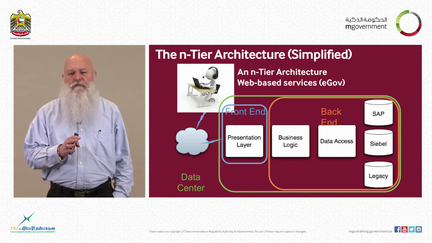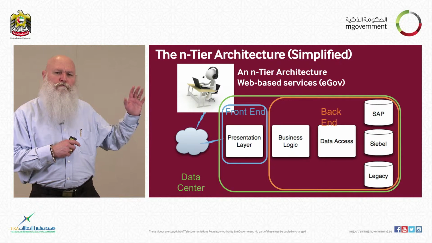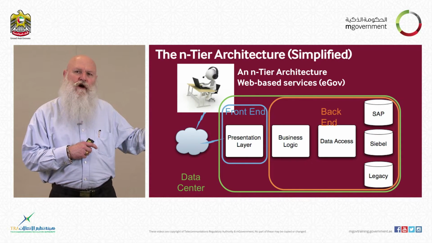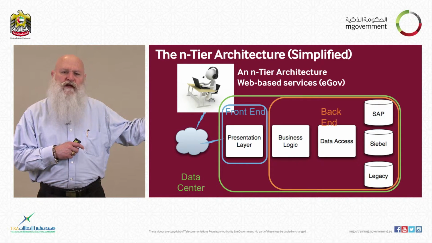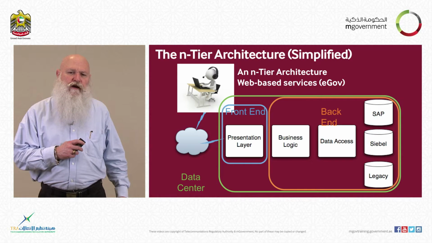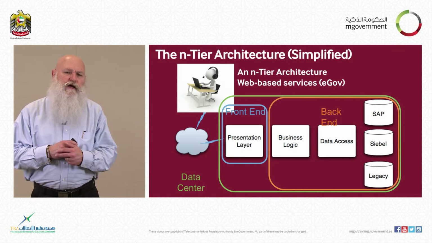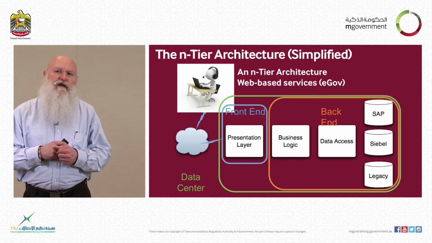So this is a depiction of a general multi-tier or N-tier application architecture with the client represented by the gentleman operating his computer, talking over the internet into an application running in the data center.